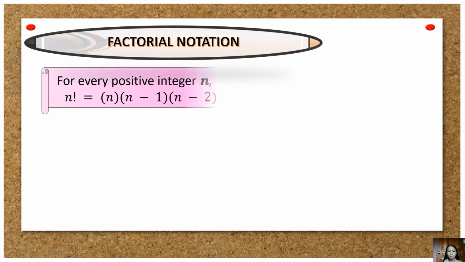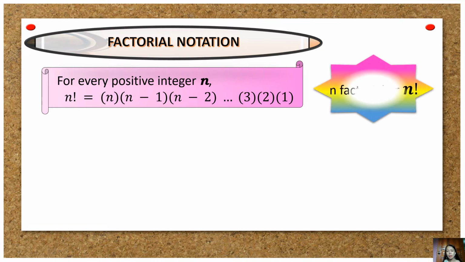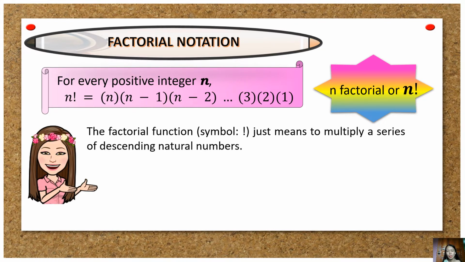Factorial notation. For every positive integer n, n factorial is equal to n times the quantity n minus 1 times the quantity n minus 2, up to 3 times 2 times 1, or in the symbol of an exclamation mark. The factorial notation just means to multiply a series of descending natural numbers.